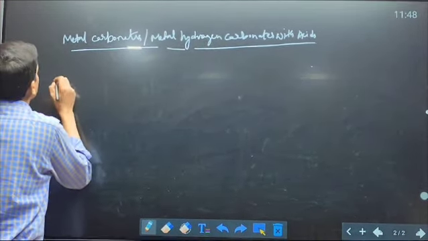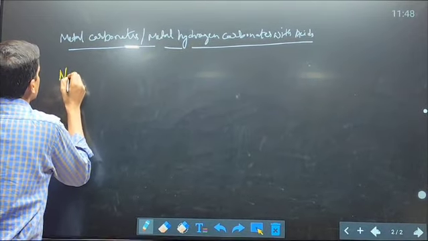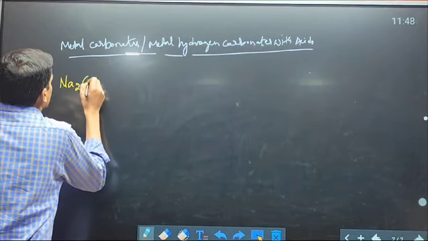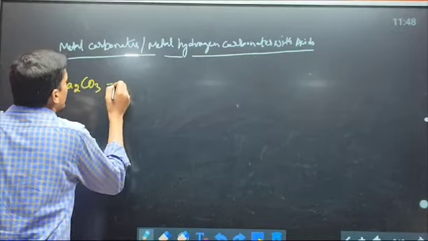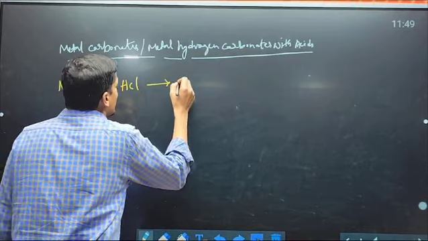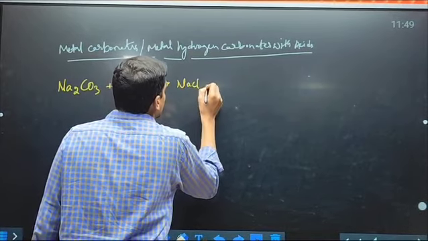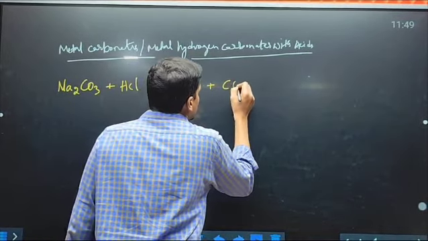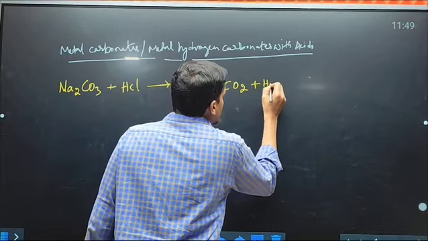Examples: sodium carbonate reacts with dilute HCl to give NaCl plus CO2 plus H2O.